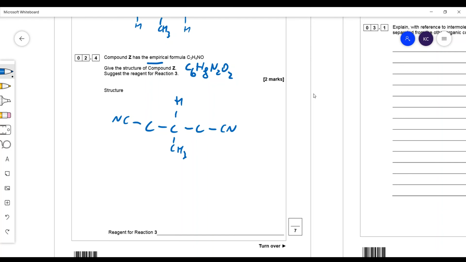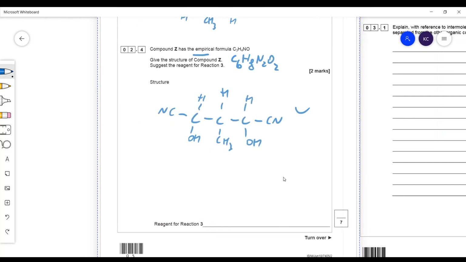Well, if we put oxygens like this in, then we're not going to have enough hydrogens, right? We're going to have 4 hydrogens, but we need 8. So if we make the oxygens into OH groups, it makes more sense. And we have the right number of atoms of the elements in that compound.